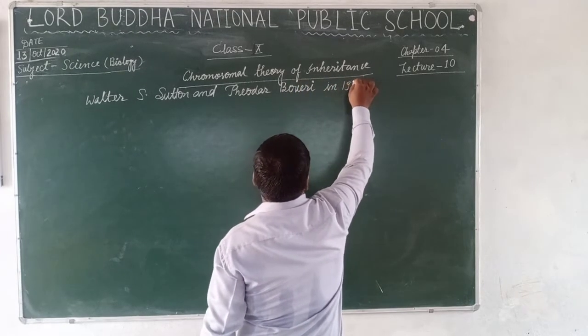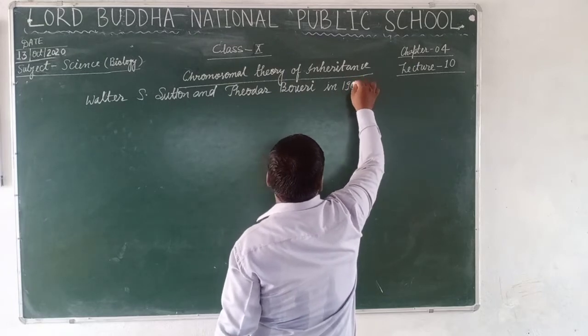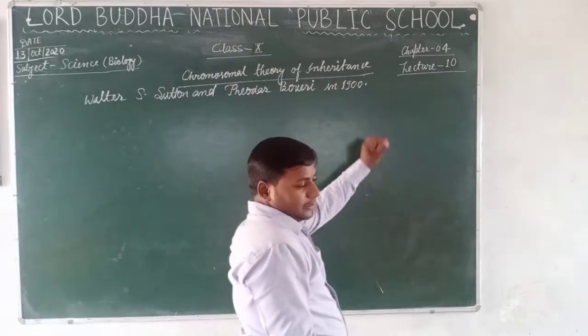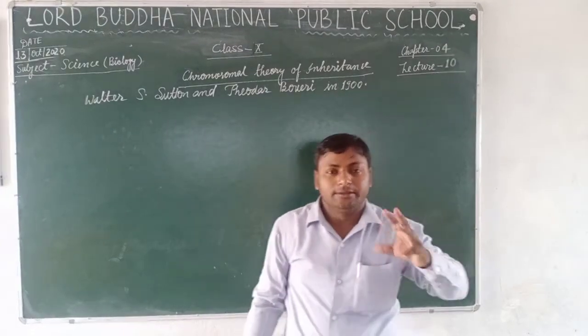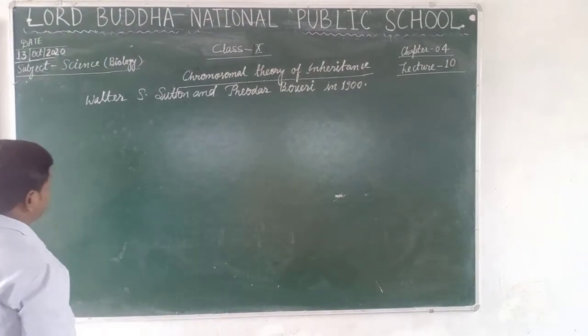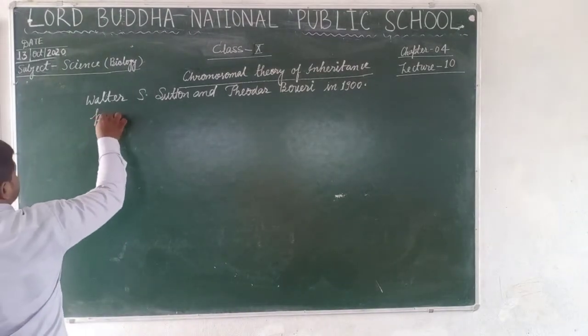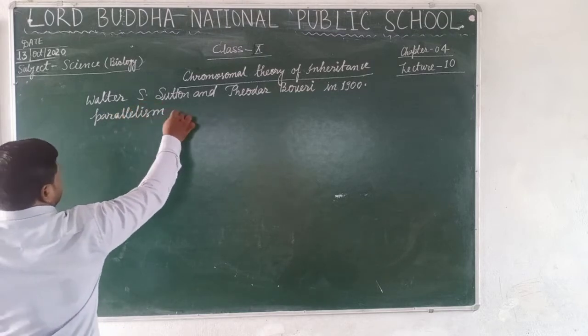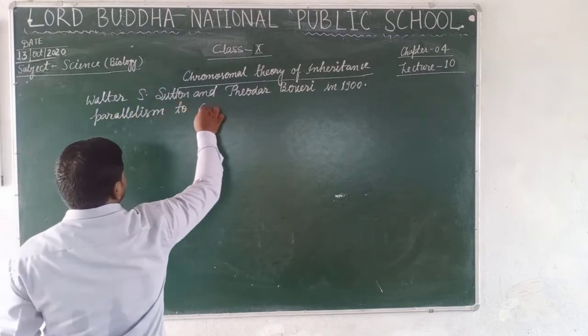in the 19th century, or you can say in 1900. They stated that Mendel's law shows parallelism to the chromosomes.